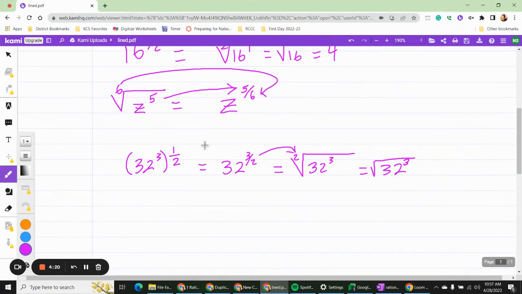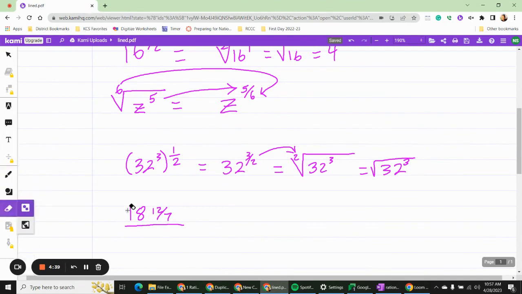Just one more, just a little bit more involved. Let's say I have 18 to the 12/7 power. Actually, I'm going to rewrite that a little bit differently. Sorry.